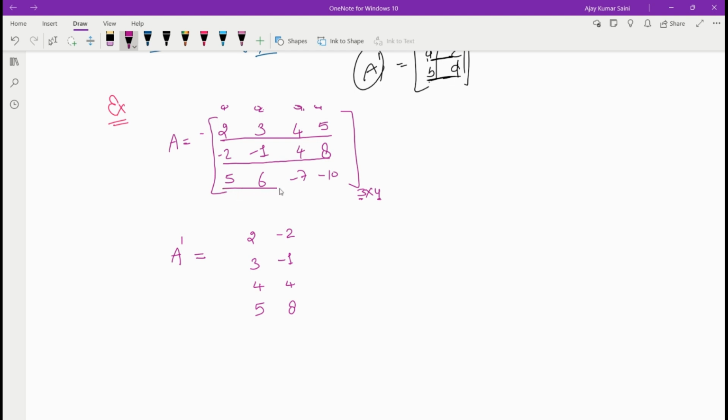After that take this row and make it a column: 5 6 minus 7 minus 10. So this is the complete transpose of matrix A. Now the order of this matrix is 4 into 3 because there are 4 rows and 3 columns. I hope till here you are understanding what is going on.